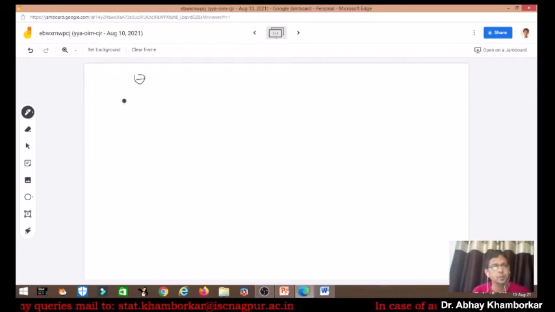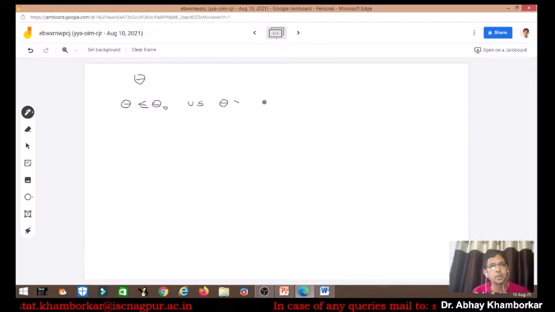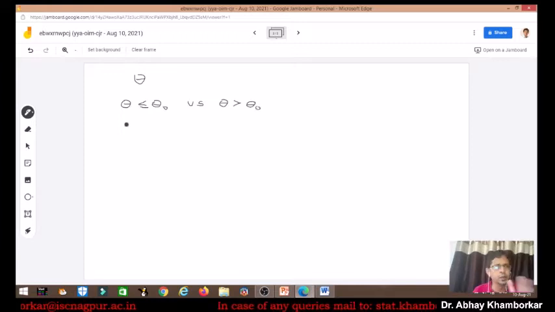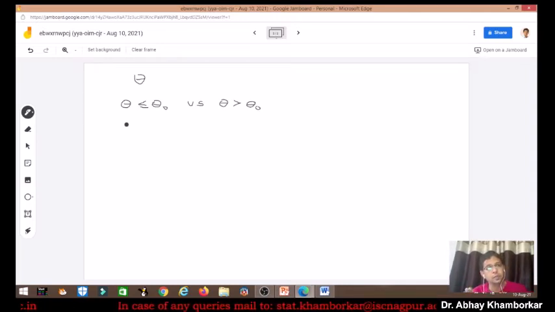For example, suppose theta less than or equal to theta naught against theta greater than theta naught. Suppose this is our regular hypothesis that generally we test in the uniformly most powerful test. Suppose I want to test this hypothesis now in the form of sequential testing.